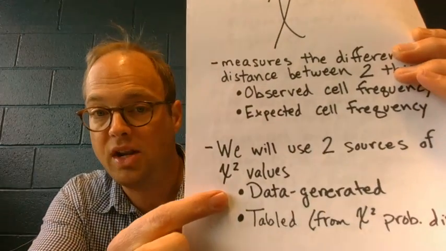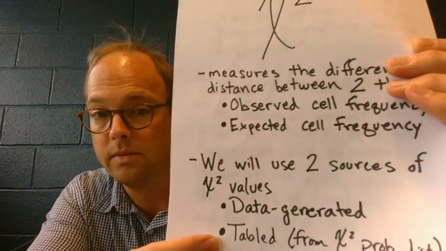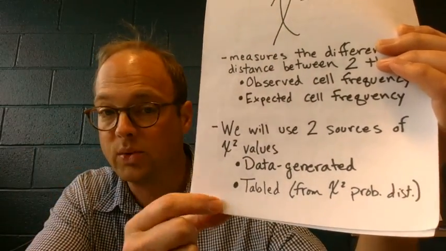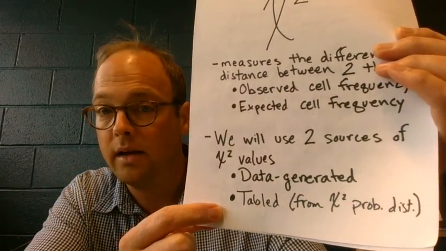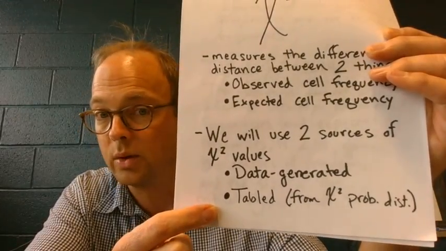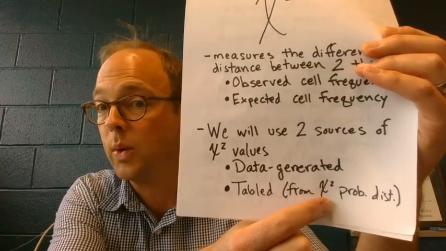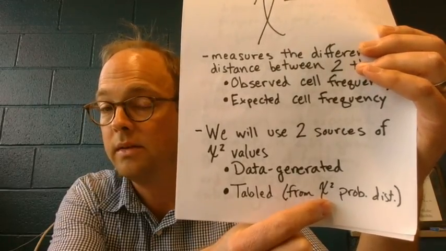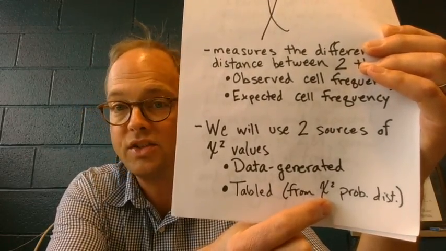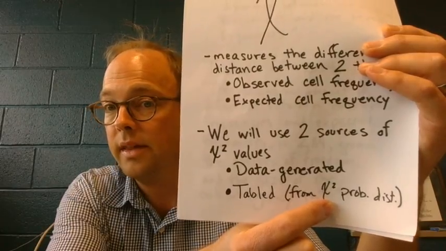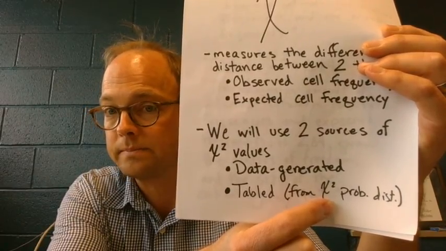One is going to come from our data, and as you can see, data generated. The second source of chi-square values is going to be the tabled chi-square value, which is going to come from the chi-square probability distribution, a table in SPSS, just like every other test that we've conducted so far.